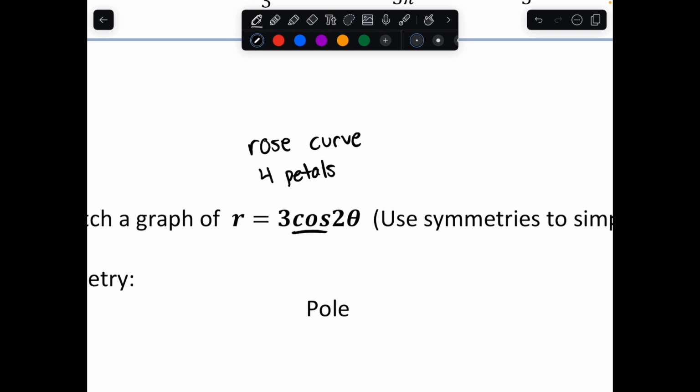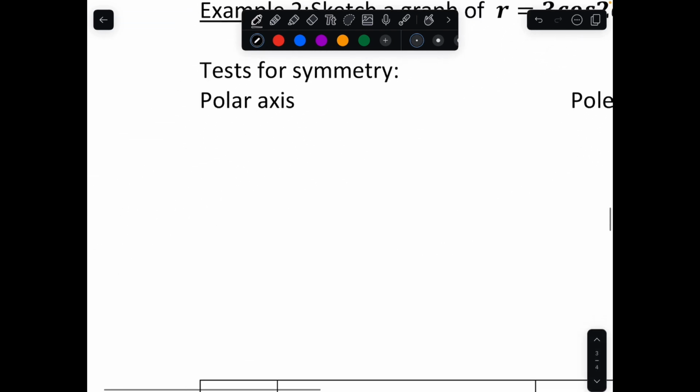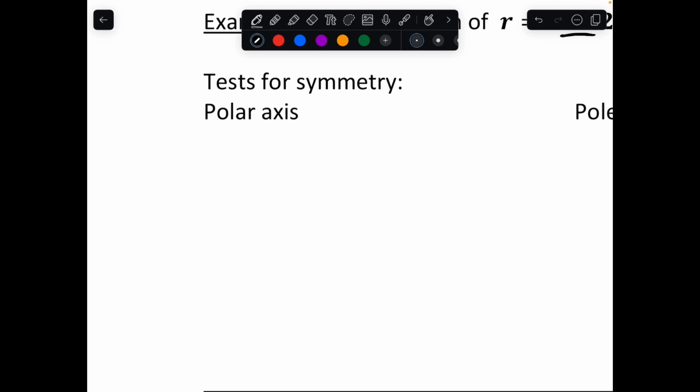So let's go ahead and try to figure out what symmetries we have. Now, to test for our symmetry about the polar axis, we need to replace theta with negative theta. So let's plug it in. So we have f of negative theta is equal to 3 cosine of 2 times negative theta.